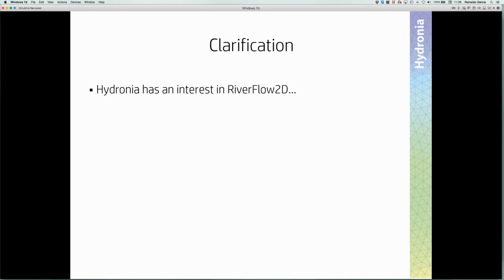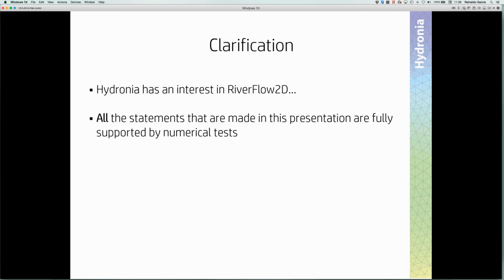So obviously, we do have a genuine interest in this model, but we are going to be as objective as it can be. All the statements that I'm going to make in this presentation are fully supported by numerical tests.